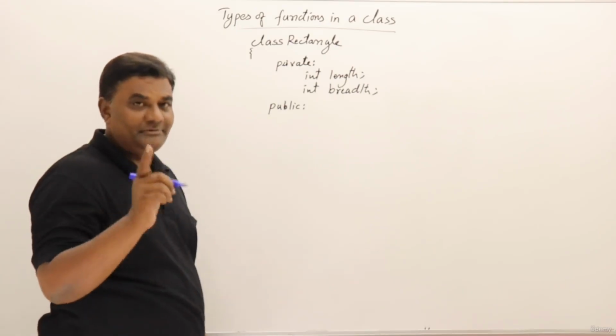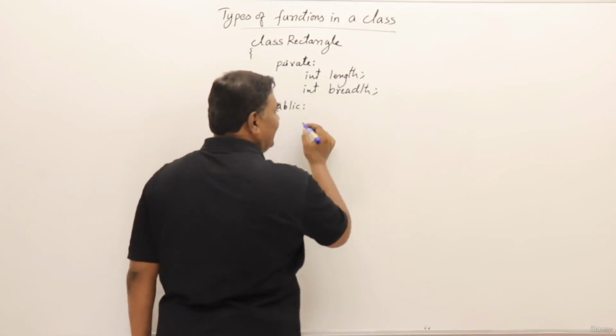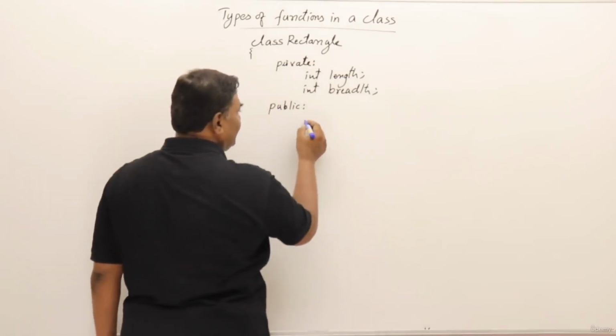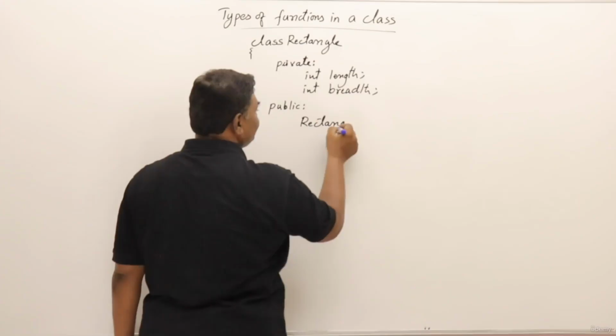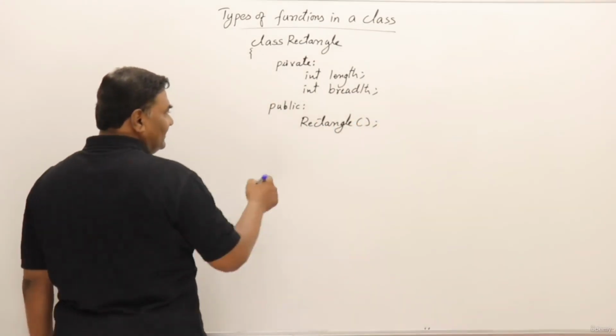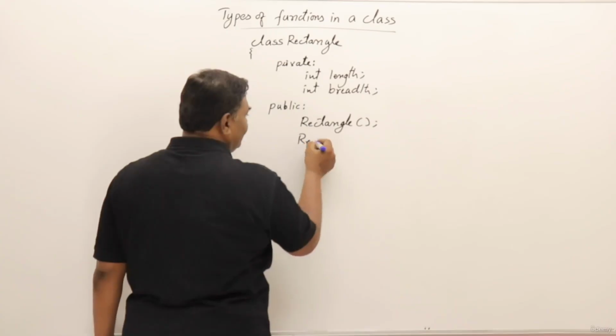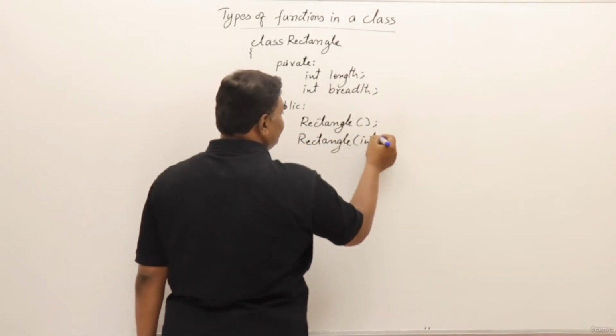So the first type of functions are constructors. I will be writing just the heading of a function, that is the prototype of a function. So first is the non-parameterized constructor, brackets, closed, semicolon. The next is the parameterized constructor, Rectangle, which takes integer.